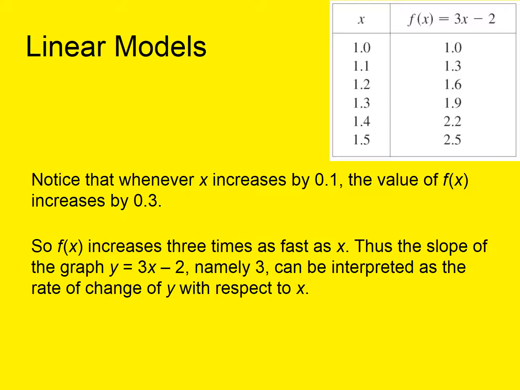So f of x increases 3 times as fast as x. Thus, the slope of the graph y equals 3x minus 2, namely 3, can be interpreted as the rate of change of y with respect to x. That's how fast y is changing per unit change in x. And it's a constant rate, which we said is a feature of linear functions.